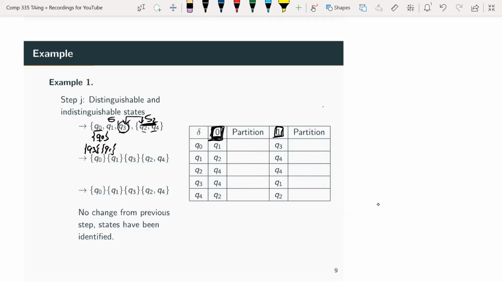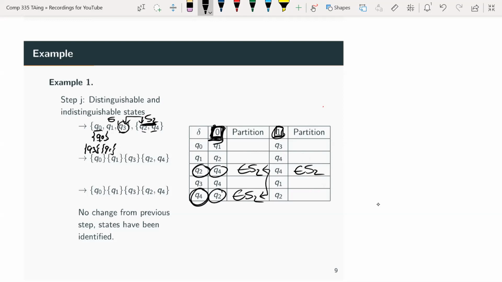So when you're in Q2 and you see a 0, you go to Q4. That's part of S2. When you're in Q4 and you see a 0, you go to Q2. That's part of S2 as well. So far it appears like they might be indistinguishable. Again, if you're in Q2 and you see a 1, you go to Q4, so you go to S2.